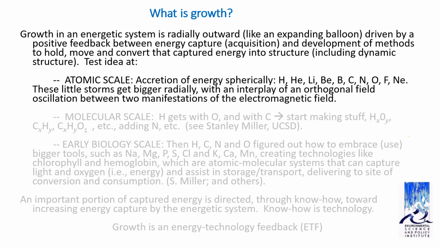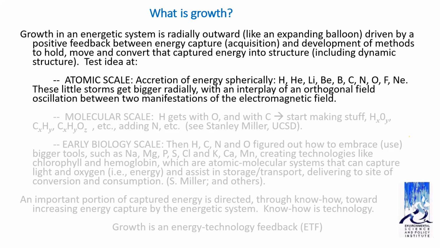It appears that when energy structures, it's doing the same thing. It's also going out radially wherever it can, wherever the structure is able to. So like an expanding balloon, and it's driven by a positive feedback between energy capture from the environment and developing methods to hold, move, and convert that captured energy into structure.